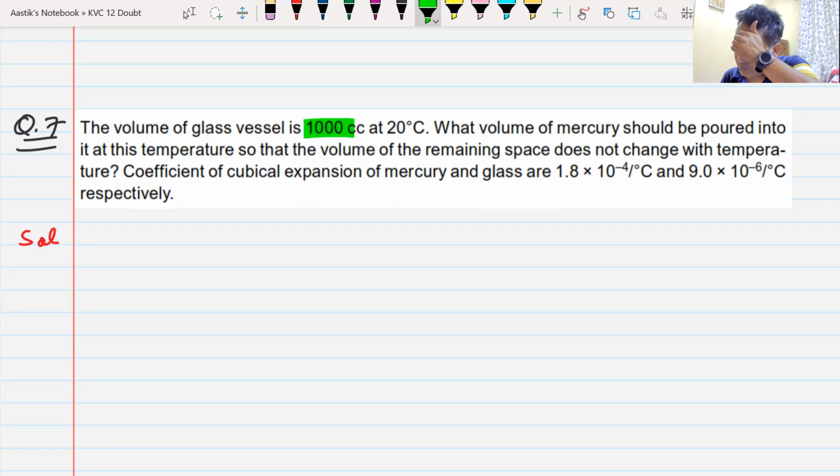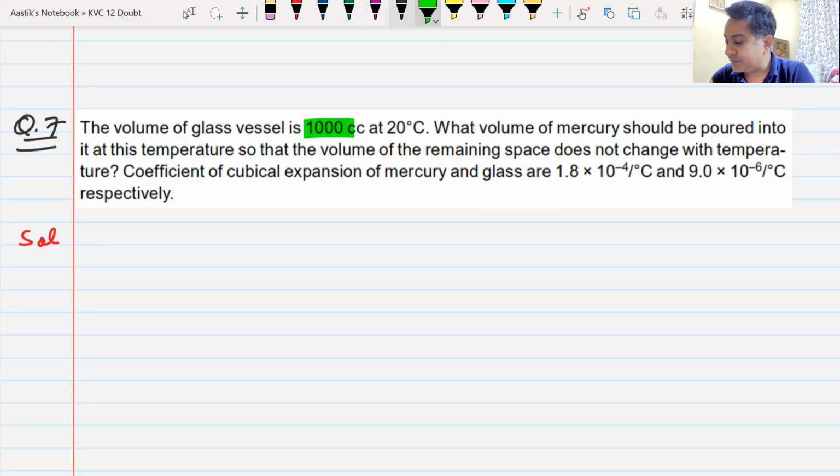So what do we have to do here? Yes, tell me. How did you do it? Volume of glass vessel equals volume of H2 minus volume of remaining. The volume of the remaining space should remain the same.